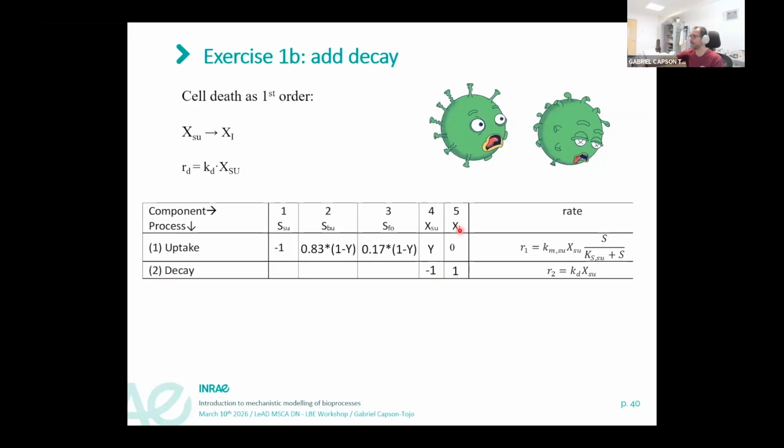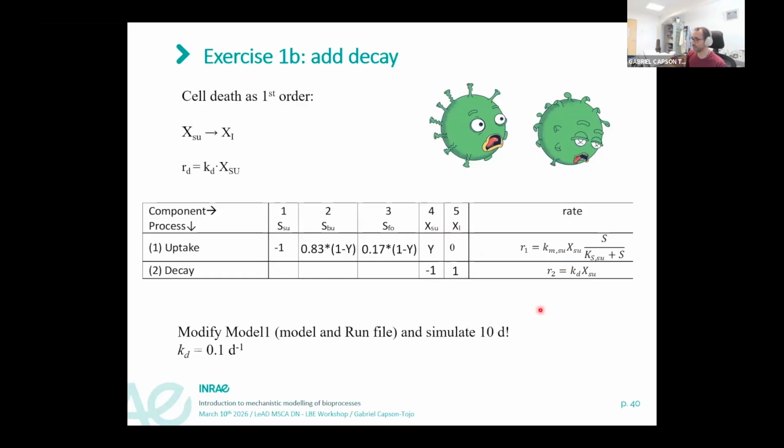It's just biomass that is going to die and stay there without making any reaction, and it's going to be washed out of the reactor. We have 1 gram COD, and we're going to assume that the composition is the same. So 1 gram COD of biomass dies and makes 1 gram of inert particulates. And it's going to be first order. So that's the reaction rate.